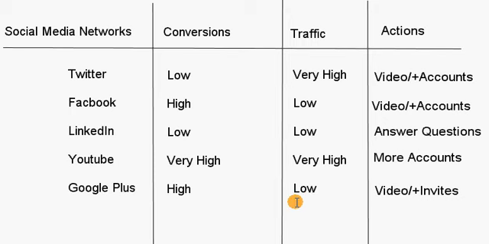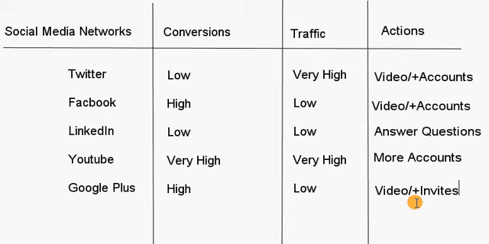And the other thing is, people are not sitting on Google Plus all day, just like they're not sitting on Facebook all day waiting for you to post something. So that's why the traffic is low. All right, so to increase your conversions, you want to use the all-powerful video, and you also want to invite friends so that you increase the level of your exposure so that you can increase your conversions.